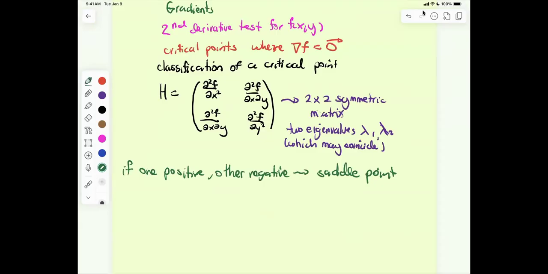To connect that to what you may have seen before, if one eigenvalue is positive and the other is negative, the product is negative, right? Positive times negative is negative, and the determinant is the product of the eigenvalues for a matrix. So another way of saying this is that the determinant has to be negative in this case.